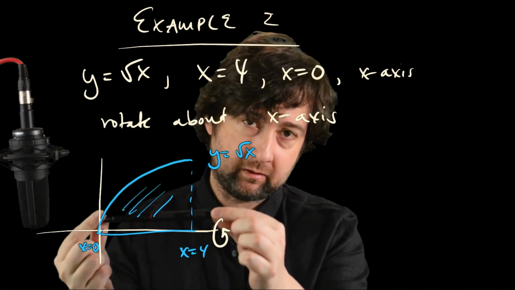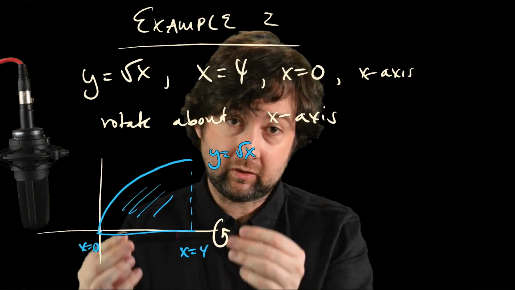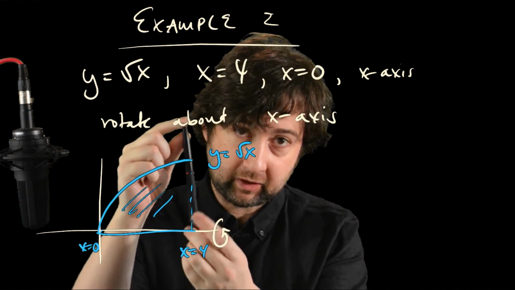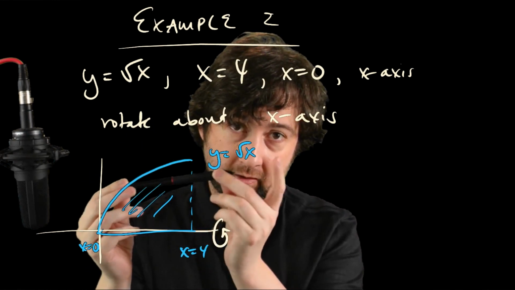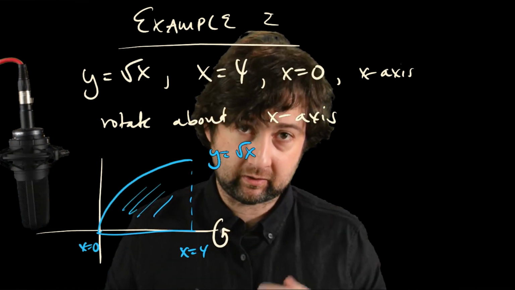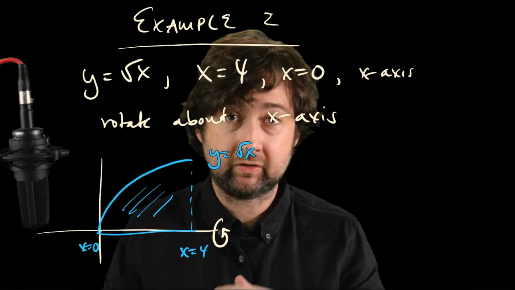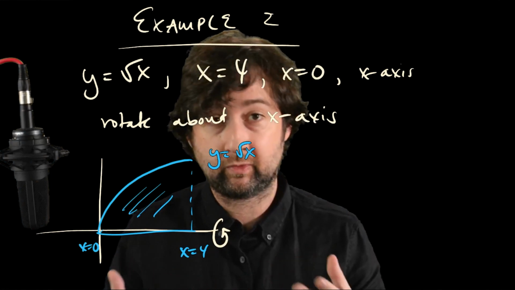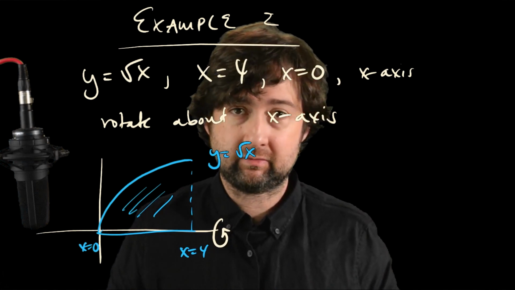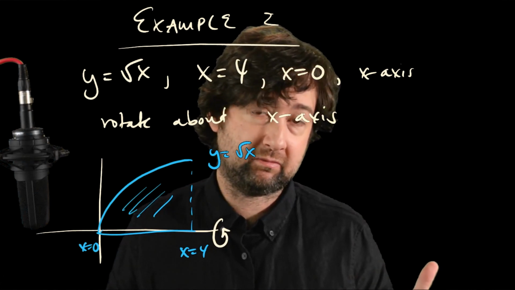Sometimes it doesn't matter, like in this problem, because no matter how you set up your rectangles, the same curve here is always on top as on bottom, and if you go this way, the same curve is always on the right as is on the left. So as long as the rectangles are consistently defined by single functions, that's the ideal situation for using a method. So unless I specifically tell you a method, just stick to the one that seems obvious.